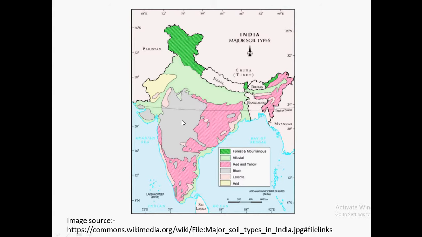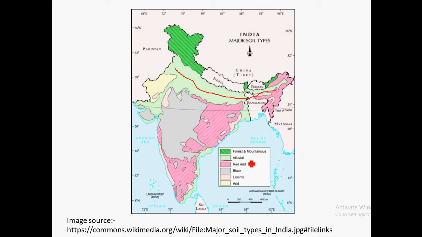So first of all, let's know where these different types of soils are formed. If we talk about alluvial soils, they are found from the plains of Punjab to Assam. That is, they are found in Punjab, Haryana, UP, Bihar, and Assam.